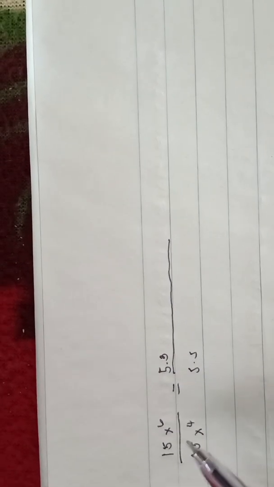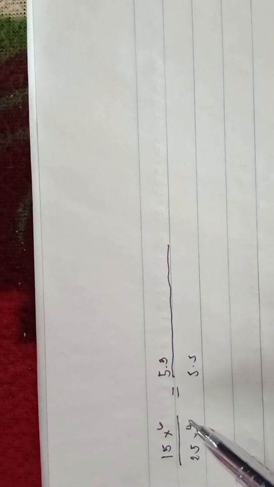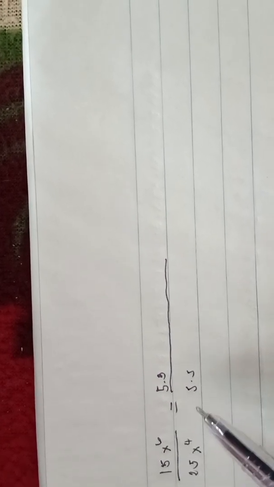And sa ating variable, para mas madali nating makuha kung paano mag-factor, ang gagawin lang natin ay i-rewrite lang natin siya into this: x times x times x times x times x hanggang makarating ng 6, dahil 6 siya.